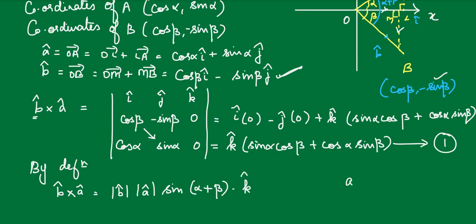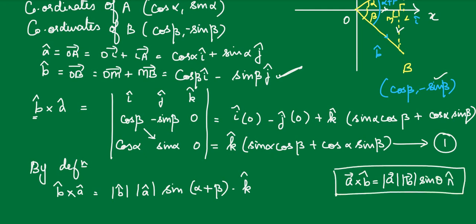We know that A vector cross B vector will be equal to modulus of A vector, modulus of B vector, sine theta into n cap, the normal vector to the plane of A cap and B cap. So we are using the definition here. Modulus of the unit vectors is 1, so 1 into sine of alpha plus beta into k cap. This is equal to B cap cross A cap.